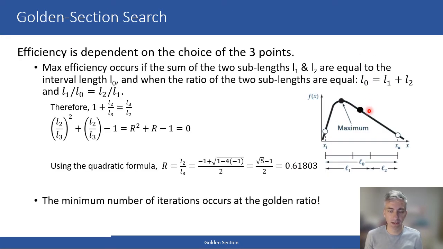On the previous page, I added this fourth point at the halfway position between XL and XU, and I was able to determine that the peak was on the left-hand side of this point.